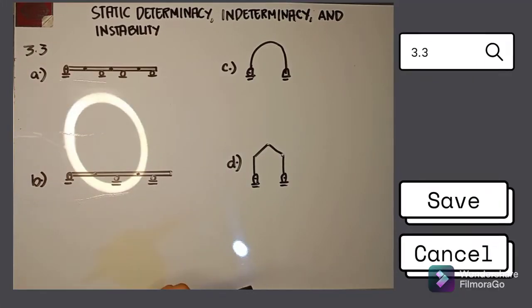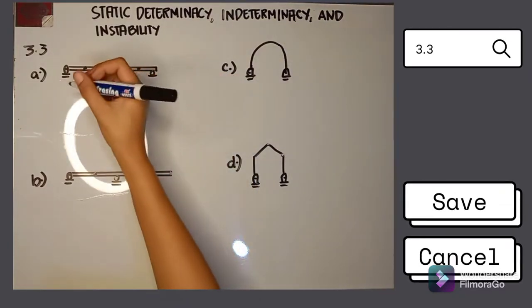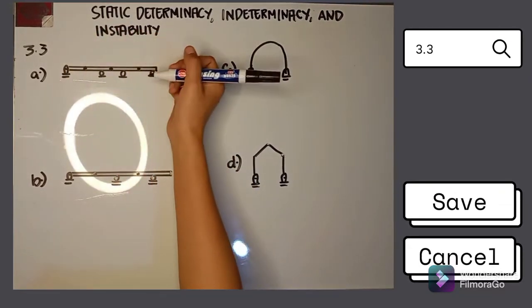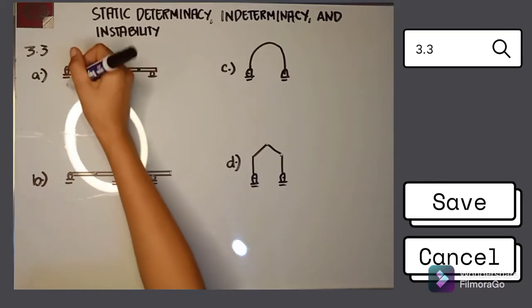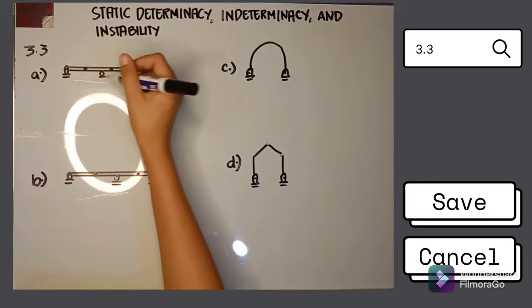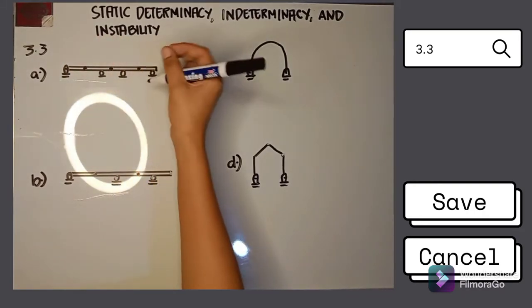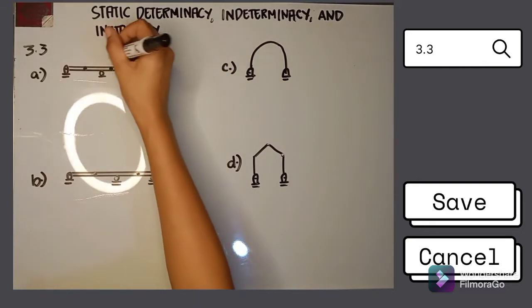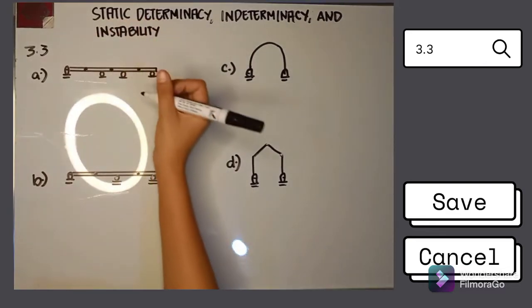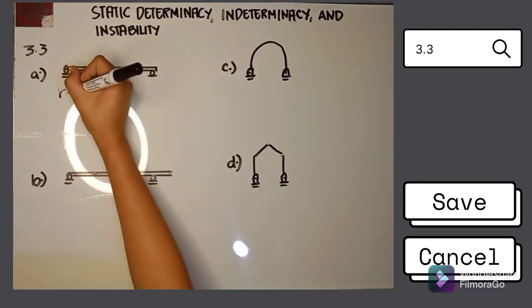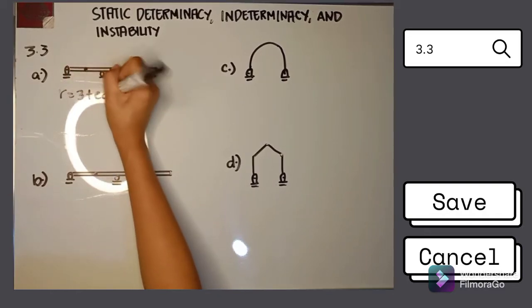For 3.3, letter A, we have here a beam that is supported by 1 hinge and 3 rollers. So, the hinge has 2 reactions, and each roller has 1 reaction. It also has 3 internal hinges. So, R is equal to 3 plus EC.